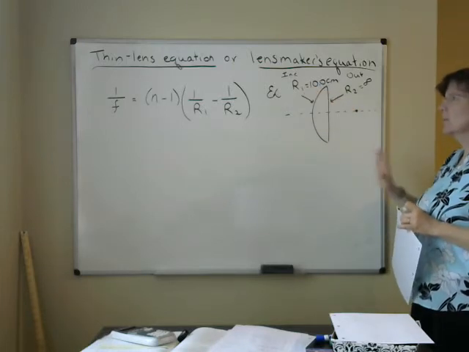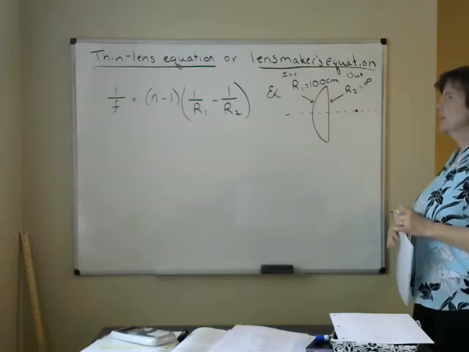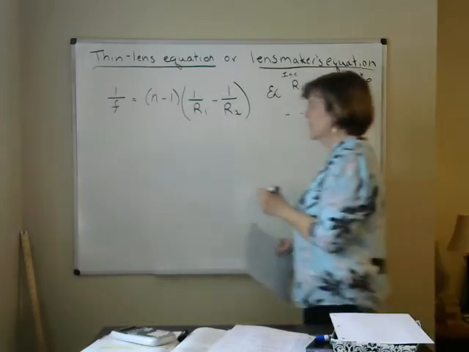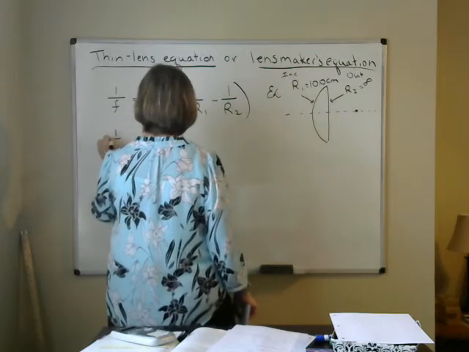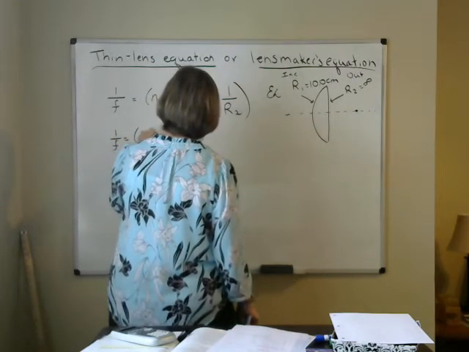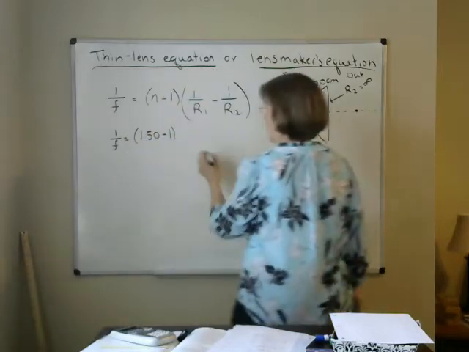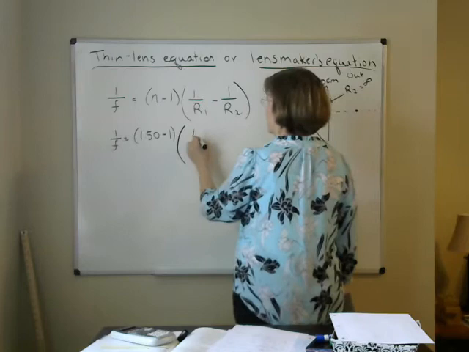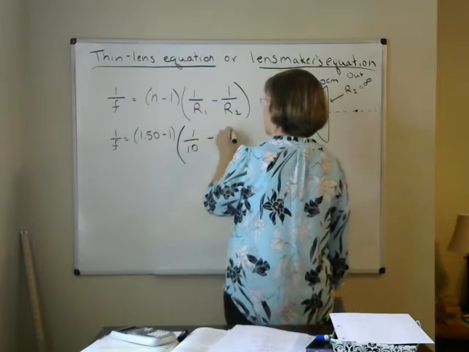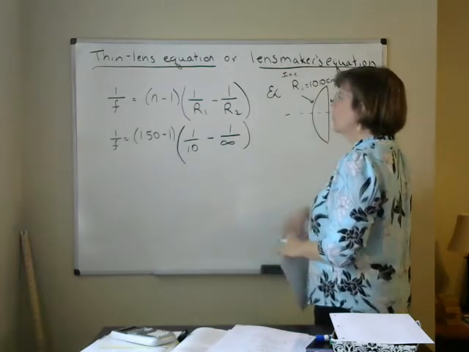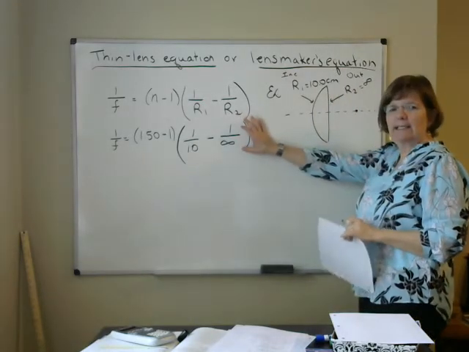Okay, we'll look at one where it's negative in just a minute. Let's assume that the index of refraction for this is 1.50. So we're going to get 1 over f equals 1.5 minus 1, times R1 is positive, so it's 1/10, minus R2 is infinity. Well, the nice thing is 1 over infinity is simply 0.